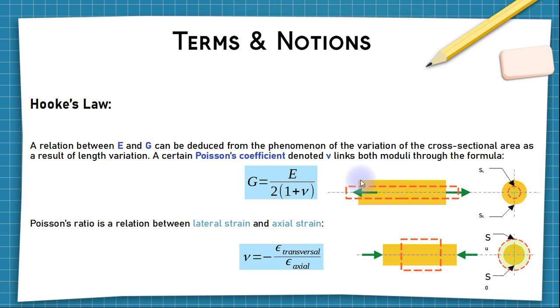So we got here a negative strain, and here we got a positive strain because it's increasing in length, which is the completely opposite case in compression. So you won't really get a negative value, so we add a minus.